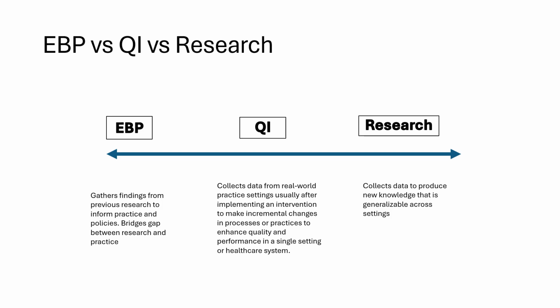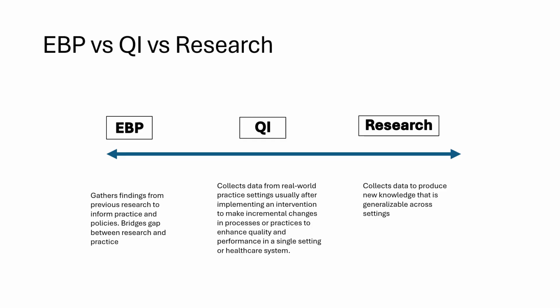So this shows the continuum of evidence-based practice, quality improvement, and research. Sometimes there can be some blurred lines when you're trying to identify which category you need. Evidence-based practice is based on previous research and bridges the gap between research and practice. Research by itself collects data to generate new knowledge.